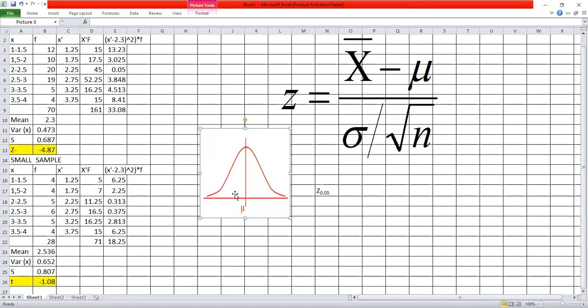That's it. So just note the area you have shaded, because that's important for you. The area you have shaded is to the right of a given value of Z, to the right of that line.